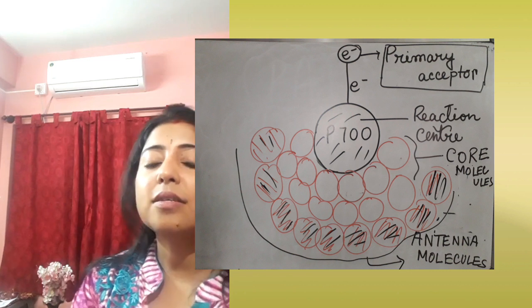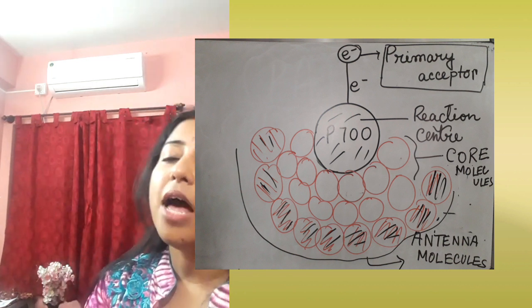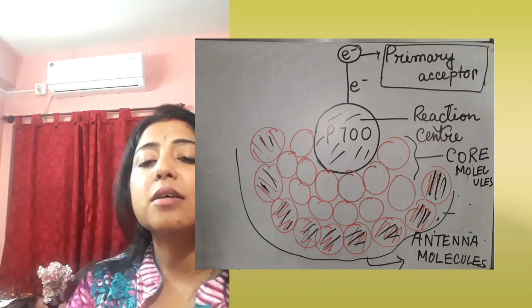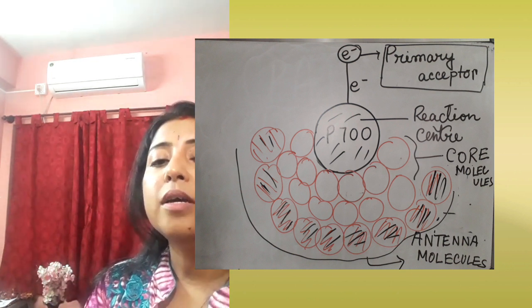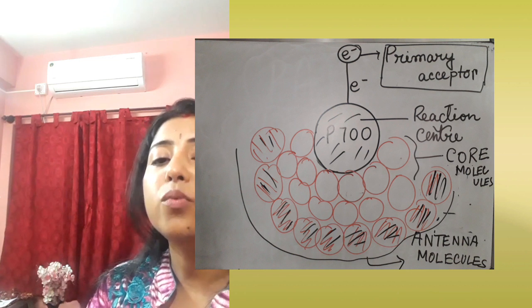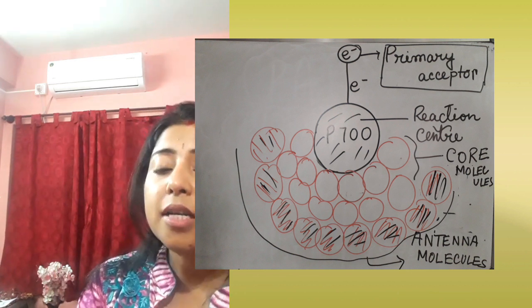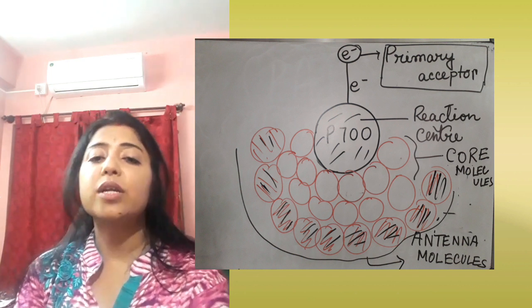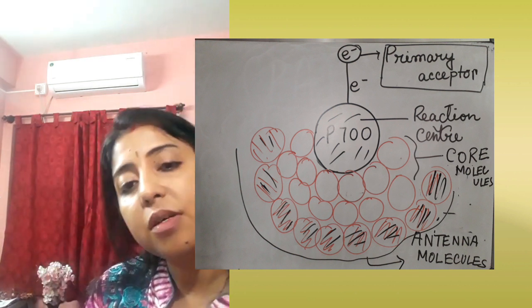So accessory pigments are of two types: antenna molecules, present at the periphery, and core molecules, which are chlorophyll A and B. In antenna molecules, chlorophyll A, chlorophyll B, carotene, xanthophyll are involved. Clear?